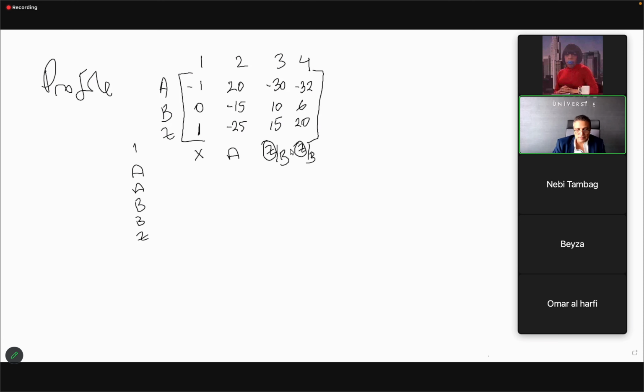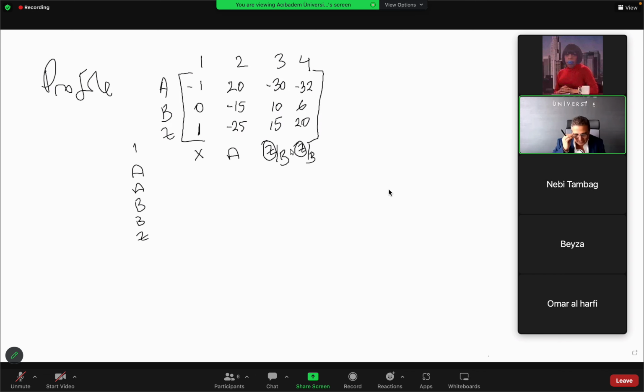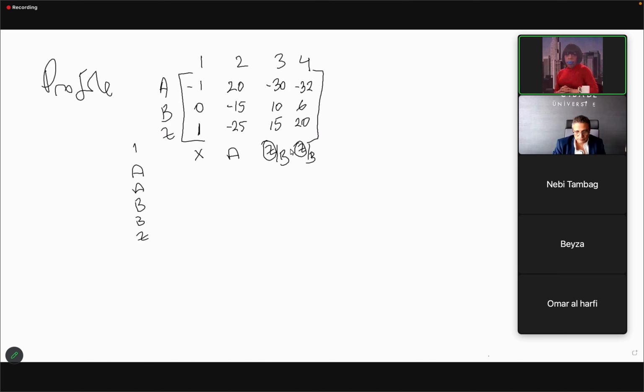So based on this matrix, if I tell you that there is one polar, one charged, one hydrophobic amino acid, which amino acid is the hydrophobic amino acid? Can you deduce it from this matrix? The amino acids are A, B, Z. Which one is the hydrophobic amino acid?